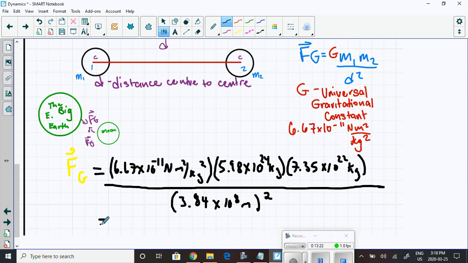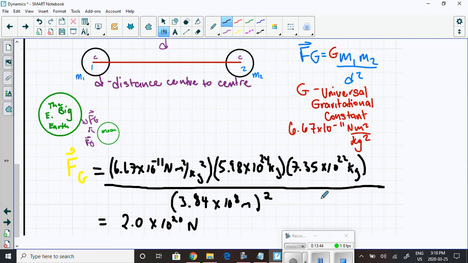So you multiply everything in the numerator, press equal, then divide by the denominator squared, and we get 2.0 times 10 to the 20 newtons. Please try this in your calculator yourself. Please put it in and see if you get this answer.